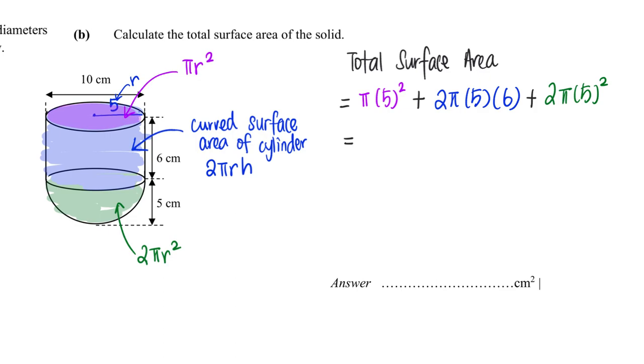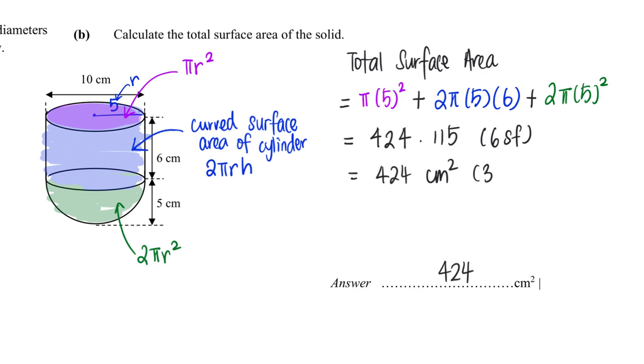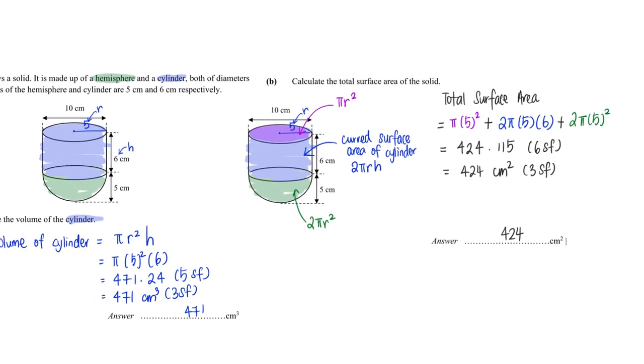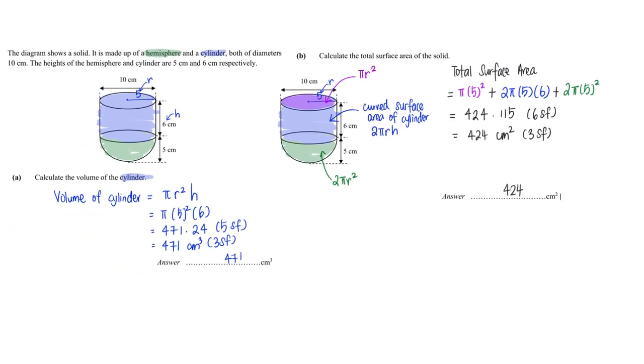And after which, let's press our calculator, we will get 242.115, to about 5 to 6 significant figures, 424 cm square, which is to 3 significant figures. And with that, we have come to the end of this question. And let's move on to the next question.